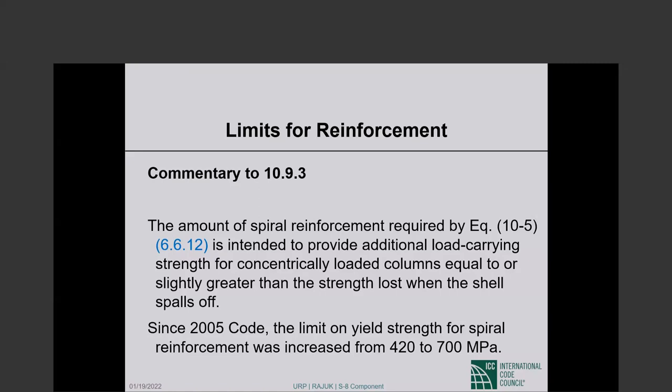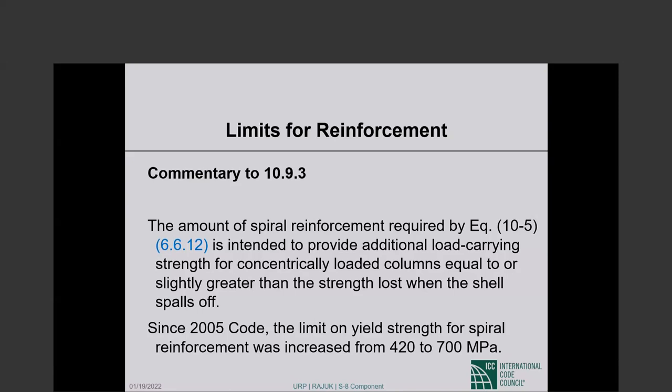So the idea is that when you compress this spirally reinforced column, at one point the cover will fall off. You will lose the cover. That would amount to a decrease in load carrying capacity, but the confinement provided by the tight spirals will increase the concrete strength of the column inside the spiral, and this increase in strength should more than compensate for the loss of the concrete cover.